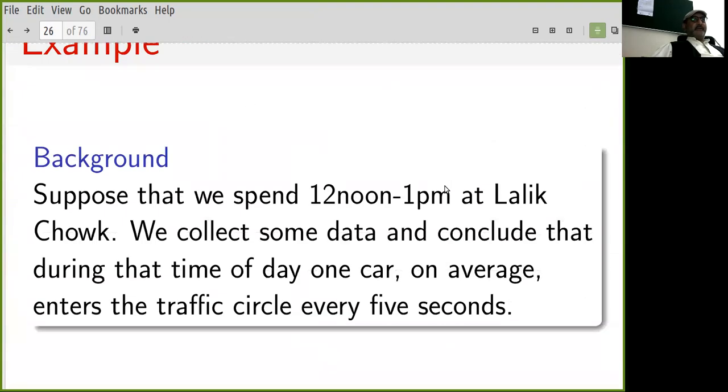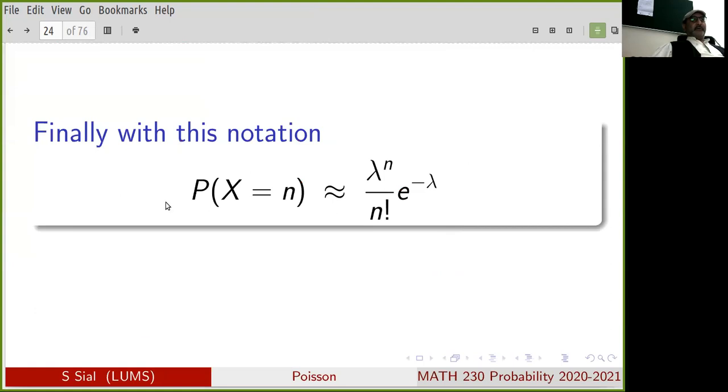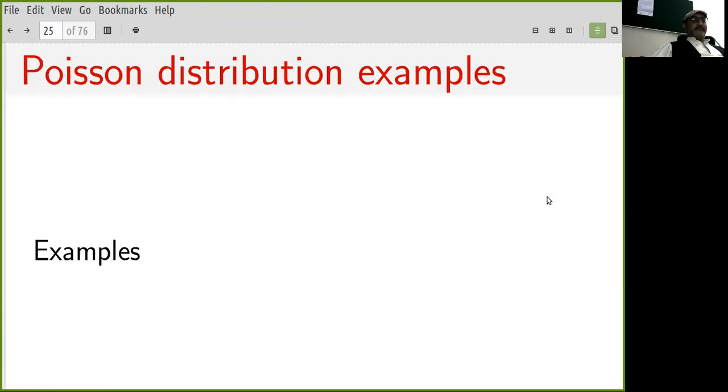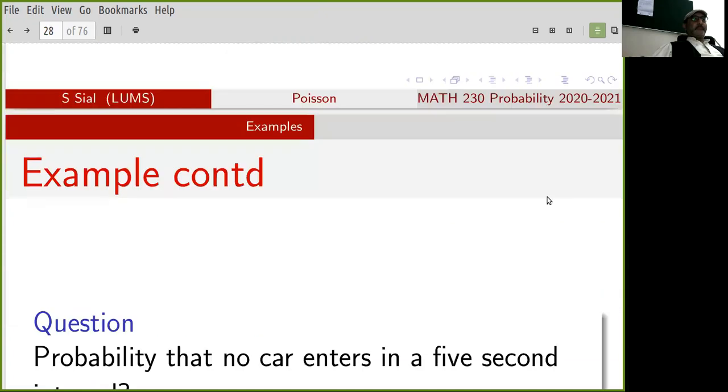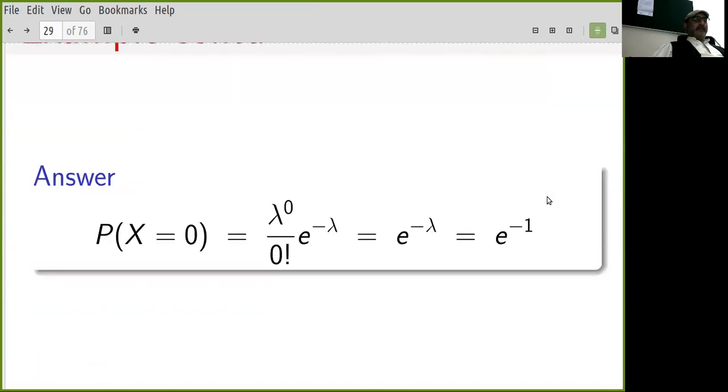Okay, so we go back here. Remember, the probability that x is equal to 0 is approximately lambda to the 0 over 0 factorial, e to the negative lambda. And lambda is 1 car for every 5-second interval. Okay. So the probability that x equals 0 is lambda to the 0 over 0 factorial, e to the negative lambda, which equals e to the negative lambda. And in this case, lambda was 1 car for every 5-second interval.